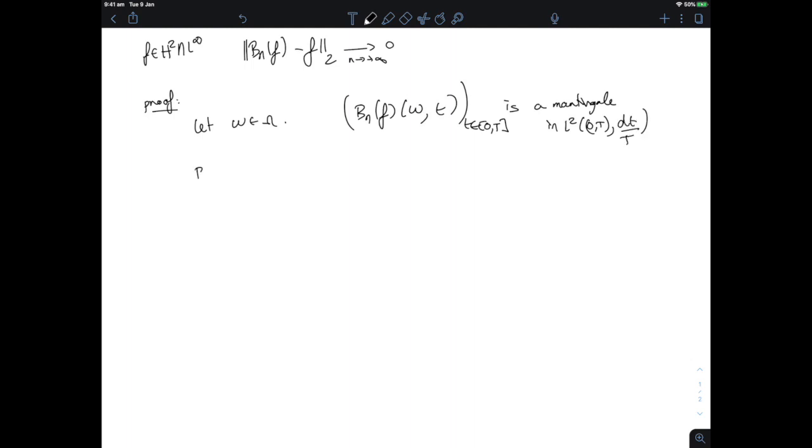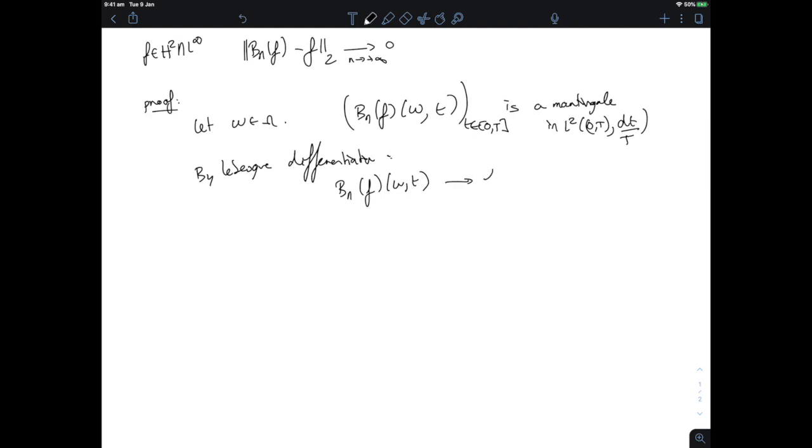And so by the Lebesgue differentiation theorem, right, that we've discussed when we dealt with dyadic martingales, what do we get? We get that Bn F of omega, t, and we've chosen our ti sequence, by the way, to be given by dyadic intervals, so this certainly works.